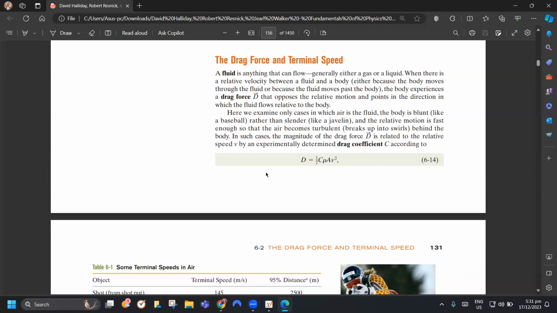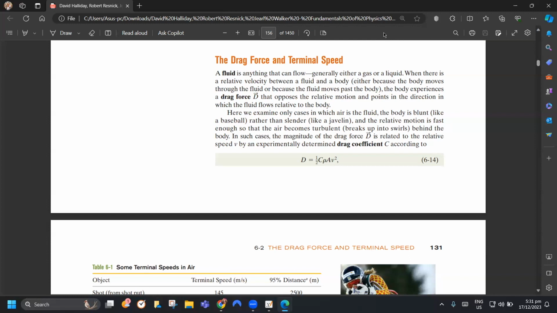So ito, meron din assumptions. We examine the cases in which air is the fluid, the body is blunt, like a baseball, rather than slender, like a javelin, and the relative motion is fast enough so that the air becomes turbulent or breaks up into swirls behind the body.